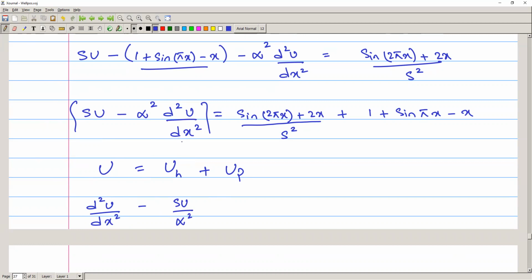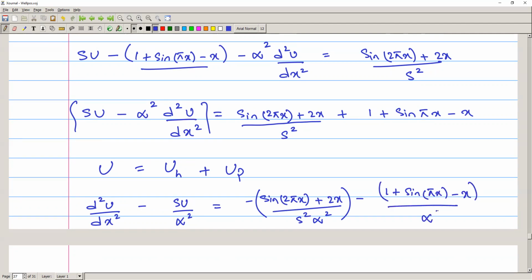We are dividing the whole equation by negative alpha squared, so again here we will get negative (sin 2 pi x plus 2x) over s squared alpha squared, and then minus (1 plus sin(pi x) minus x) over alpha squared.